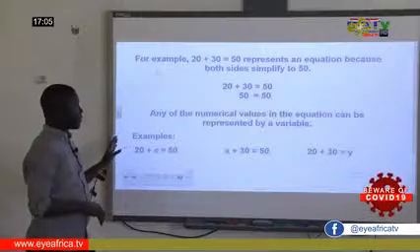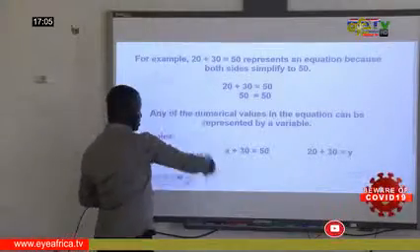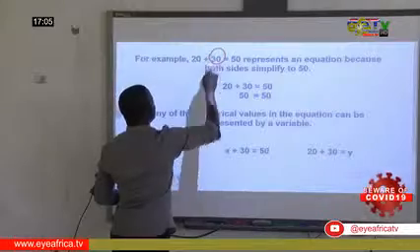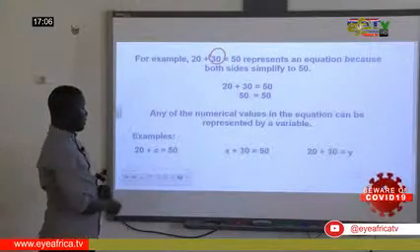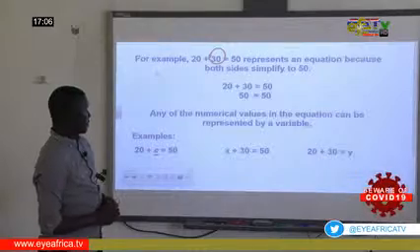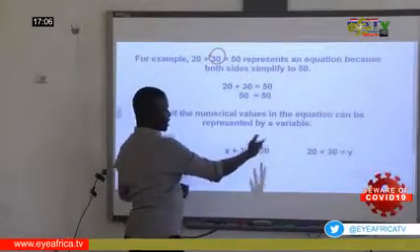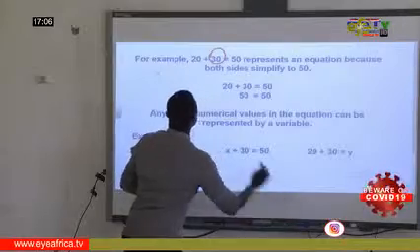Example here, 20 plus c equals 50. We replace 30 here by a variable c. And then we further went on, x plus 30 equals 50. What did you see?